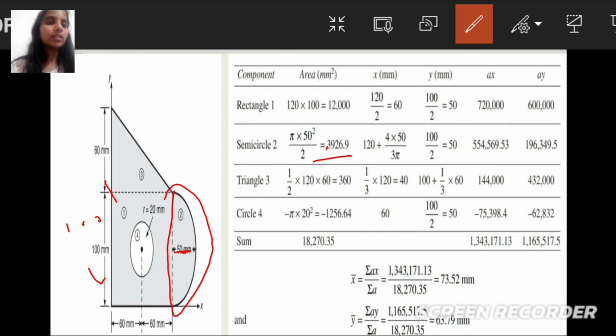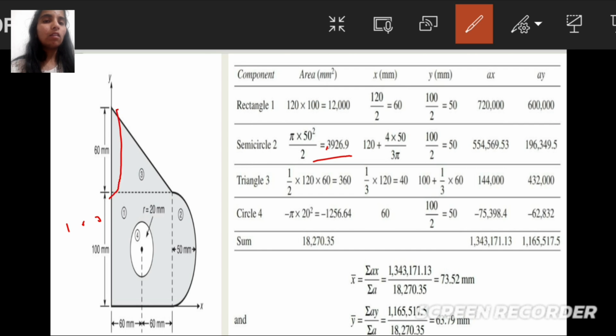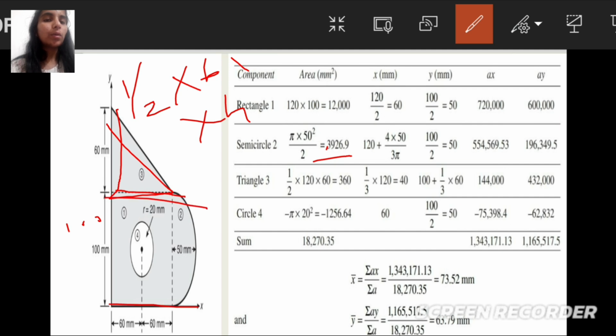Now let us find out the area of the triangle. Area of triangle will be half into base into height. So breadth will be 120 and the height will be 60. So half into 120 into 60, we will get 3600.